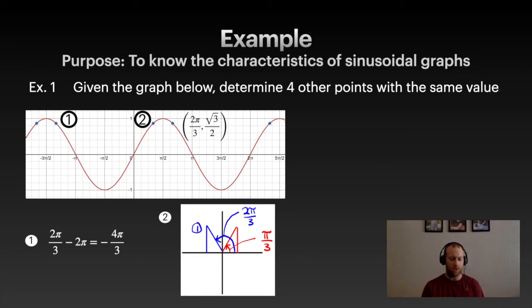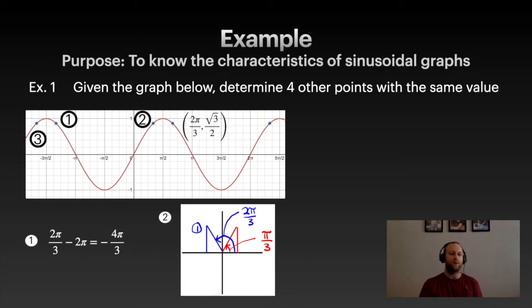If you were to look at your unit circle and you were to compare between 2 points that have the same y value, that is essentially what we're doing here. So the blue line represents the point we're given. This is 2 pi over 3. The point 2, which we're looking for, is pi over 3. So that's the other angle that would give me the exact same y value. Again, this is given on the unit circle. That is where you get these two angles that have that same y value.